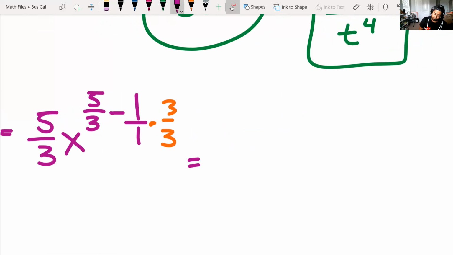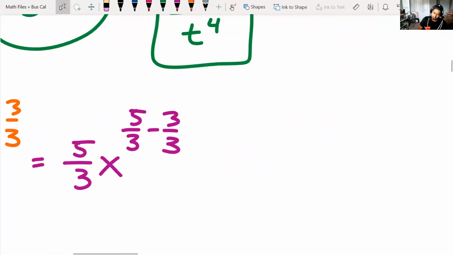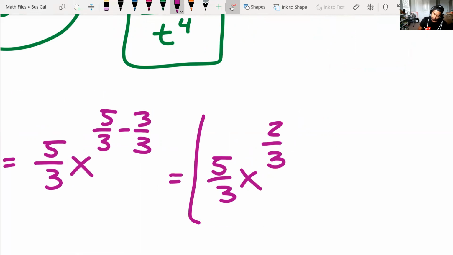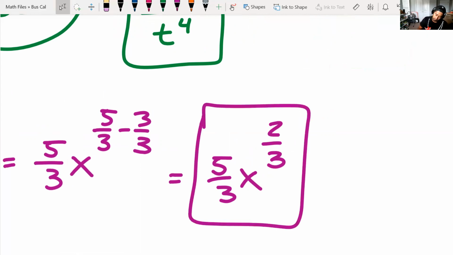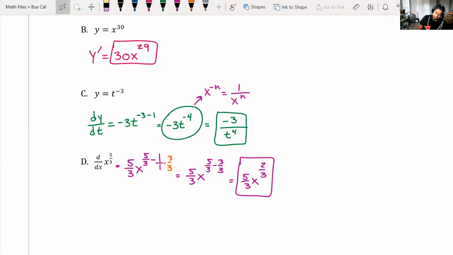This will become 5/3 x, and all of this, I'll just keep doing it. Why not? Becomes 5/3 minus 3/3, and our final answer is 5/3 x to the 2/3. There you go.